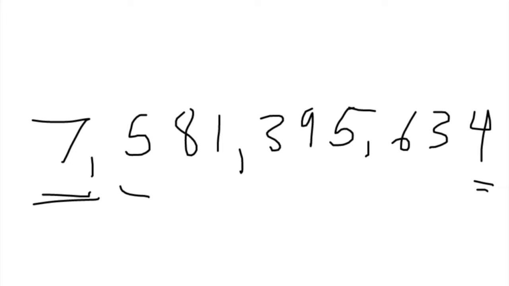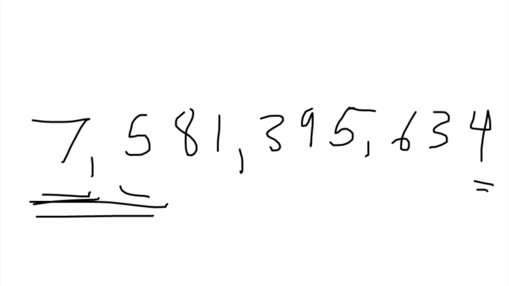How does this all relate to significant figures then? Well, if we are only confident in the first two digits of our population measurement, then we shouldn't really say that the population of the Earth is 7,581,395,634, because all the digits after the first two digits are meaningless in the sense we aren't confident they are precise.